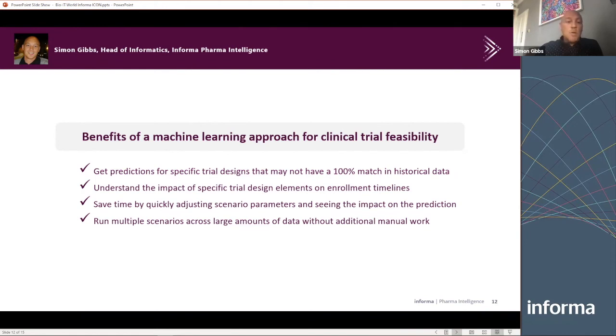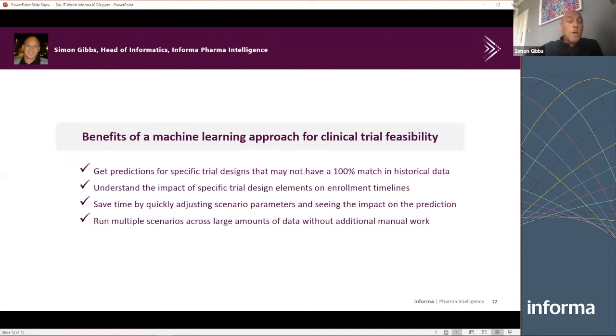Through the machine learning approach, we can also understand the impact of specific trial design elements and data drivers that are impacting the enrollment timeline forecast. We utilize SHAP analysis techniques to identify which data features are positively or negatively impacting the outcome of the predictions.